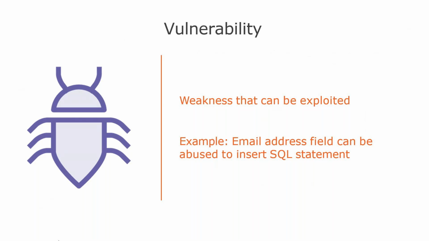What kind of weaknesses or vulnerabilities you may have in your applications, you have to list out. For example, an email address field can be abused to insert an SQL statement. If you don't have proper validation, maybe someone is inserting an SQL statement in your email ID, and that is getting into the database, and that can do anything.